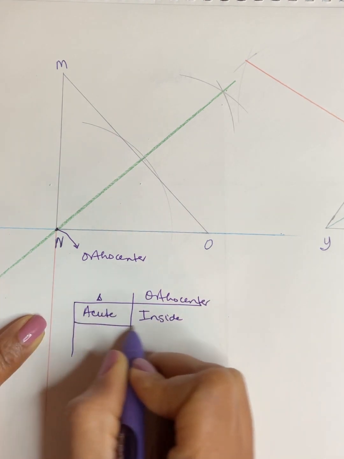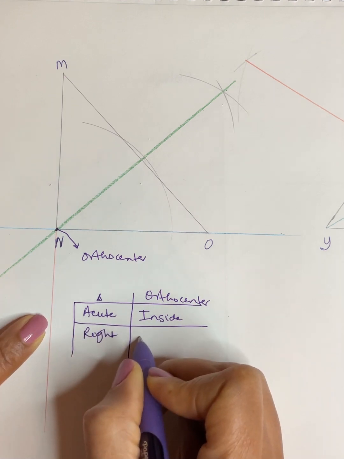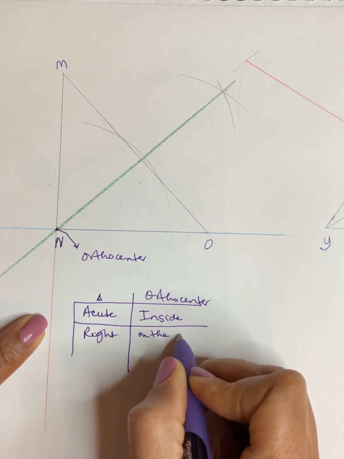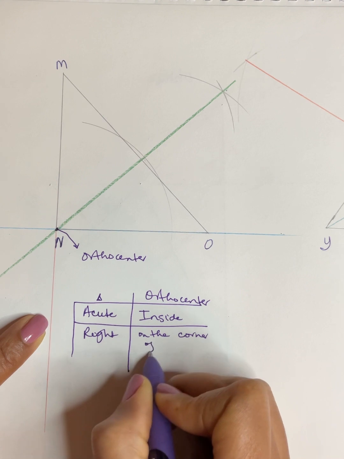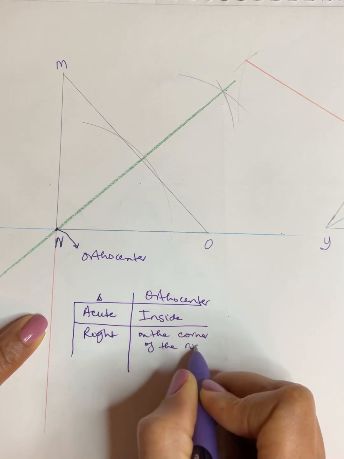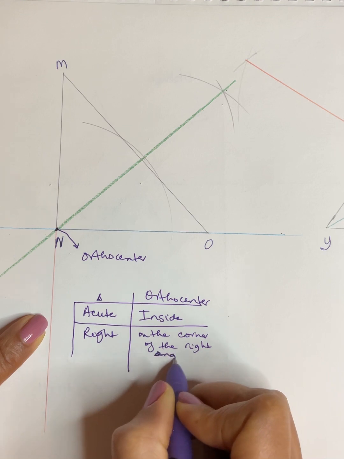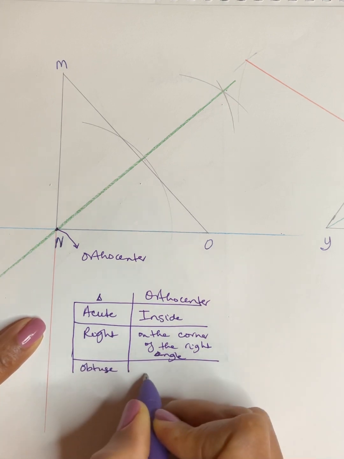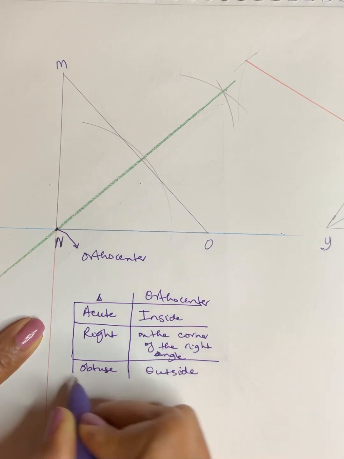And for the right triangle, it meets on the corner of the right angle. Right there it meets. And then we know that for the obtuse one, it meets outside. Obtuse one, it meets outside.